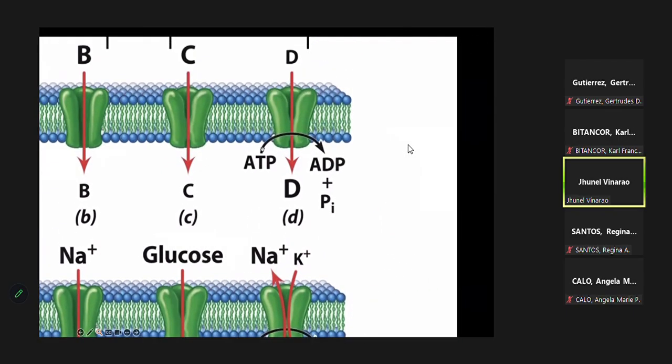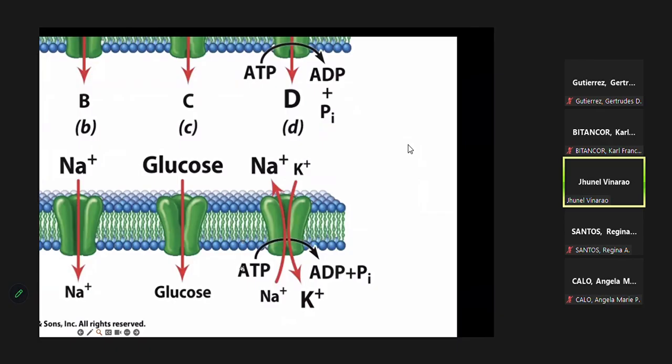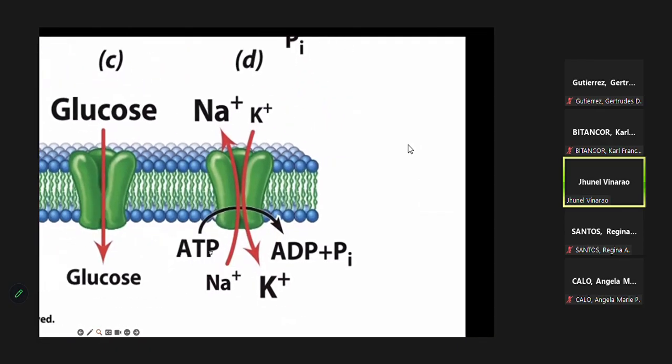So another type is active transport. When we say active transport, we require ATP. ATP is hydrolyzed into ADP and inorganic phosphate. One example of this is the transport of sodium ions and potassium ions, and this is an antiport.